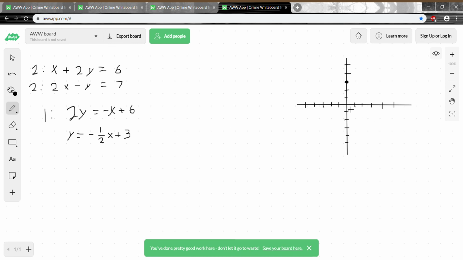That means when x is equal to 1, 2, 3, 4, y is going to equal 1 right here. We could have also gotten there by saying that as x changed by 1, y changes by 1/2 negatively. So we could have gone 1, y changes by 1/2, x changes by 1, y changes by 1/2, and so on, and gotten to this point. So that is going to give us one of our lines.